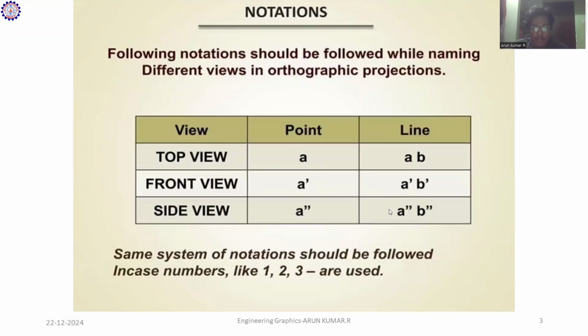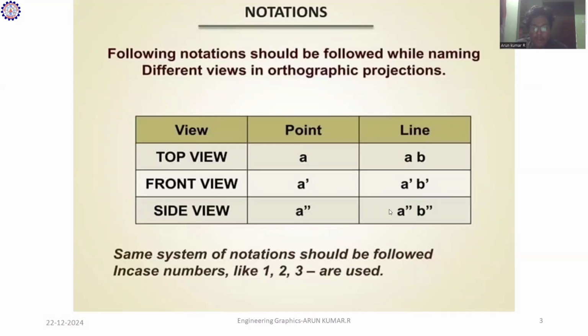It is very useful whenever you are solving problems based on the projection of points. We have already discussed the front view and top view. Here an additional view is added, called the side view. Based on the views, we assign the notation to the points.